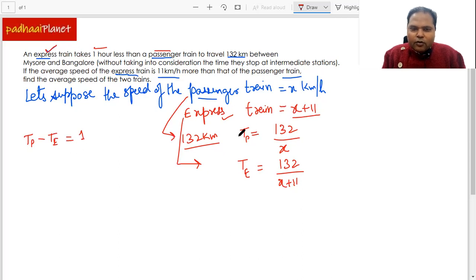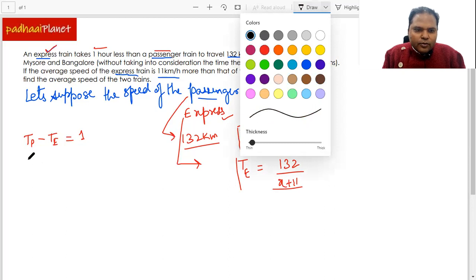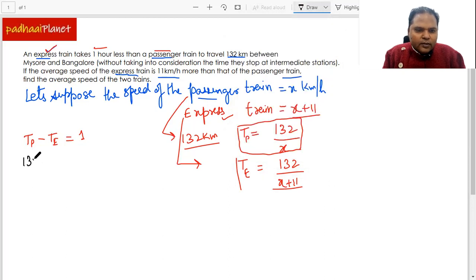We already have both values, so let's put these in. It's 132 divided by x, the time taken by the passenger train, minus 132 divided by x plus 11, the time taken by the express train, and the difference is 1.